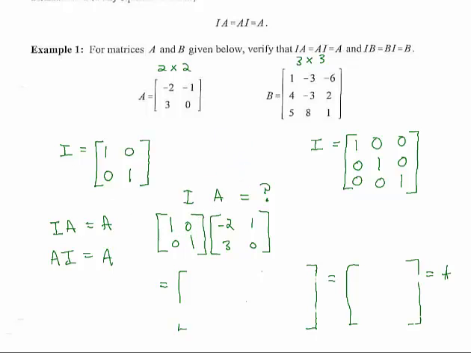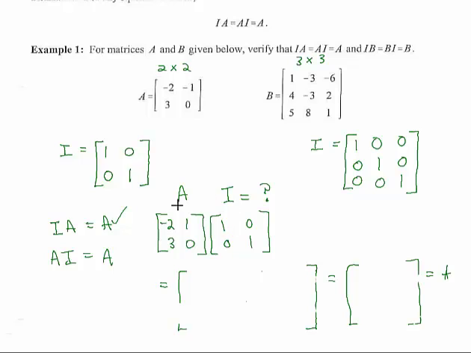Alright, we'll go back and we will write A times I. So we've checked this first one off our list, and now we want to write A times I. What does that equal? Okay, well, I, the identity matrix, is easy. 1's in the principal diagonal, 0's elsewhere. A is negative 2, 1, 3, 0.